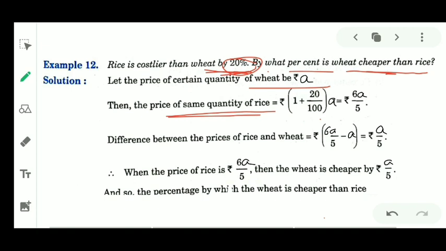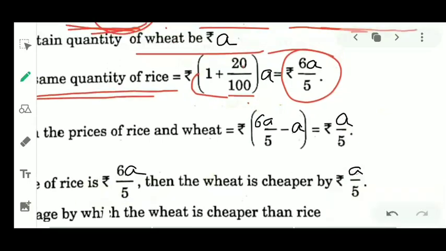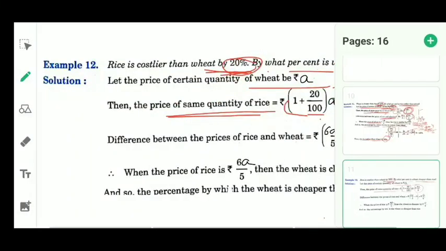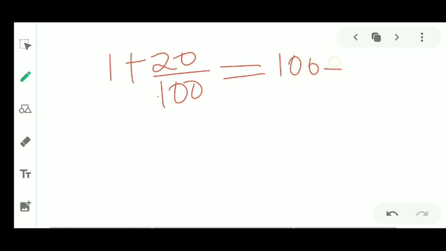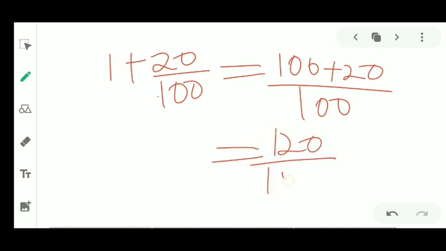So 1 plus 20 by 100 into A. 100 into 1 is 100, plus 20 is 120 by 100.